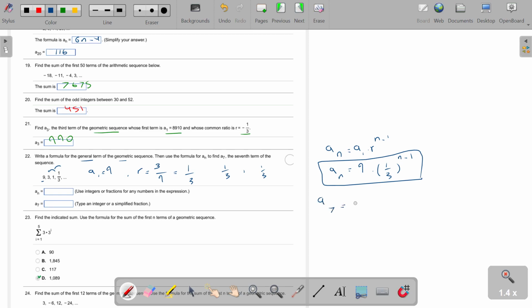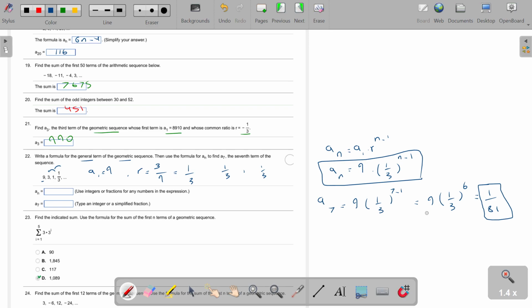This will be 9 times 1/3 to the power of 7 minus 1, or 9 times 1/3 to the power of 6. And we're going to use our calculator. And it's going to be equal to 1/81.